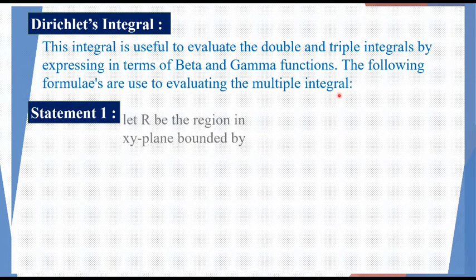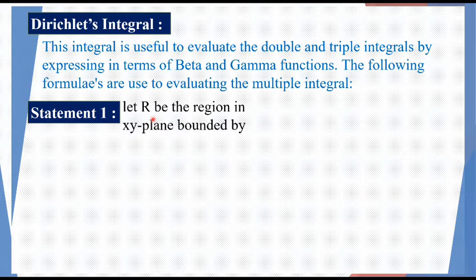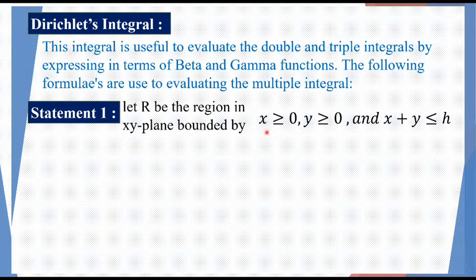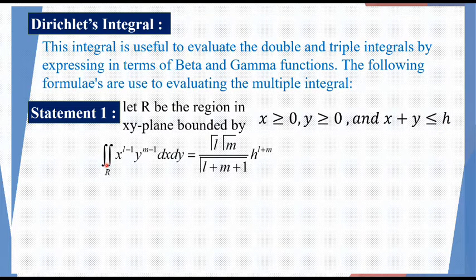multiple integral. The first statement: let capital R be the region in the xy plane bounded by x greater than or equal to 0, y greater than or equal to 0, and x plus y less than or equal to h. Then the double integral over R of x raised to power l minus 1, y raised to power m minus 1, dx dy is equal to gamma l gamma m upon gamma l plus m plus 1, h raised to power l plus m.